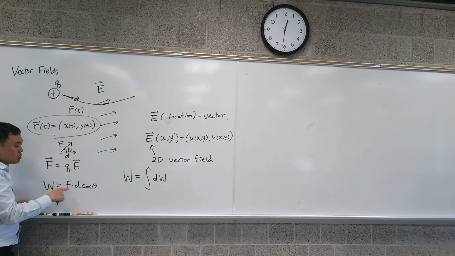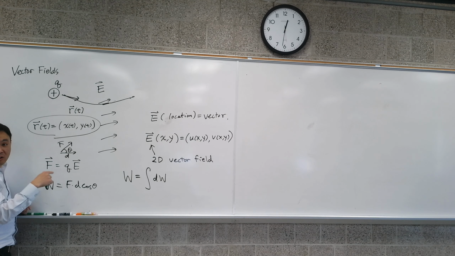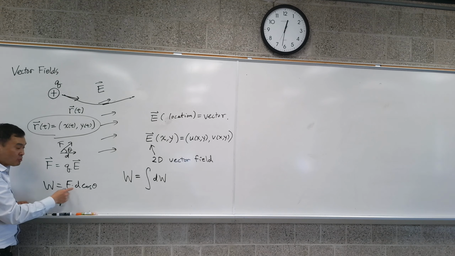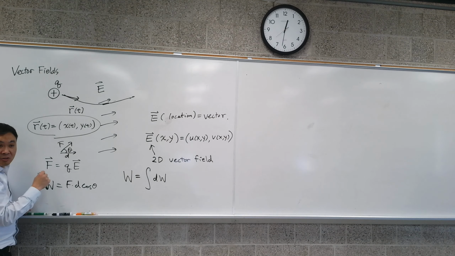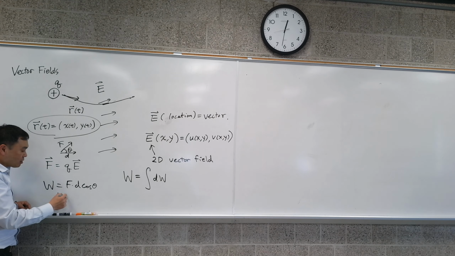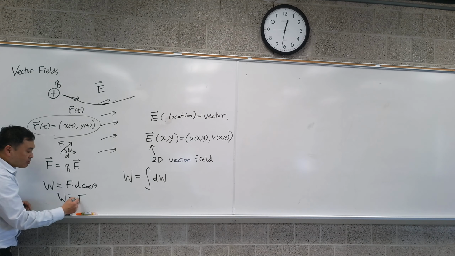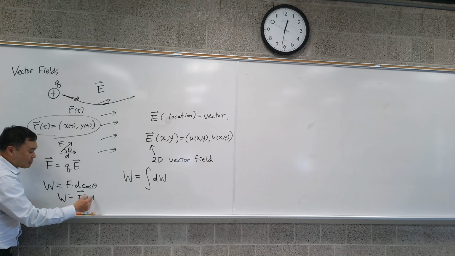But we know better now that we know vector calculus: this is just another way to write down the dot product. The dot product is the norm of the first vector times the norm of the second vector times the cosine of the angle between. So you can really say that the work is force as a vector dotted with displacement as a vector.